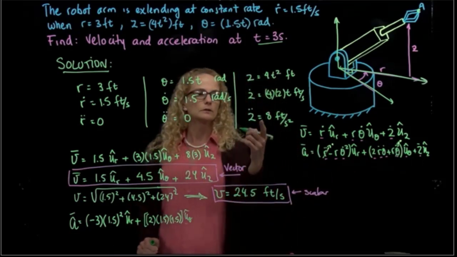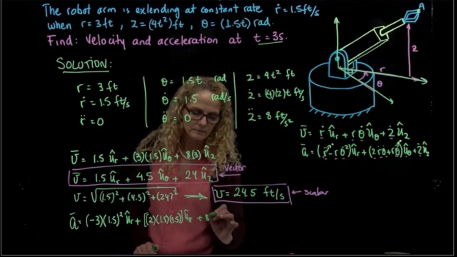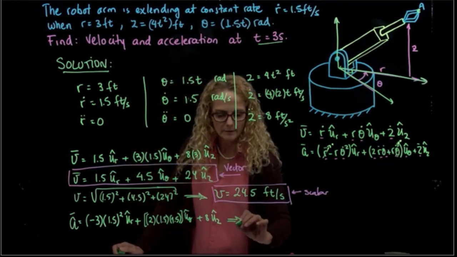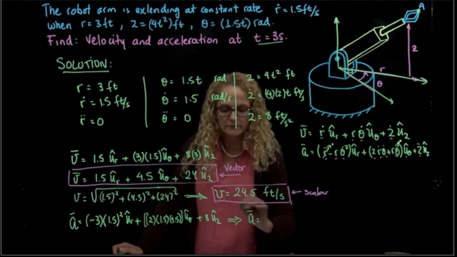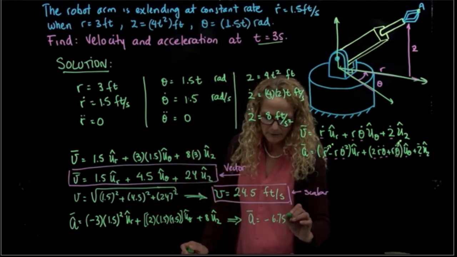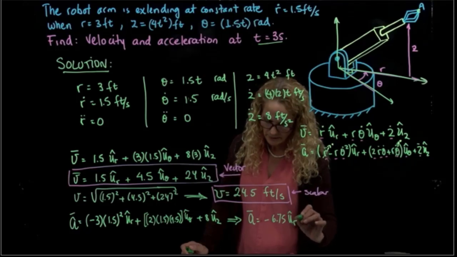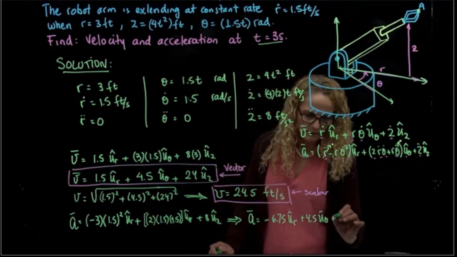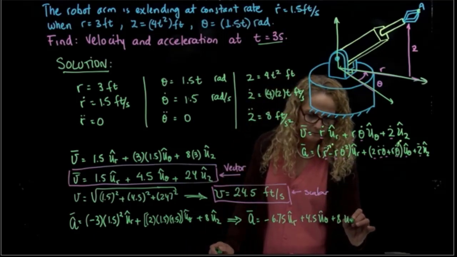Then I have z double dot, which is 8. The acceleration, as a vector, is equal to negative 0.75 in the r direction plus 1.5 in the theta direction and 8 in the z direction.